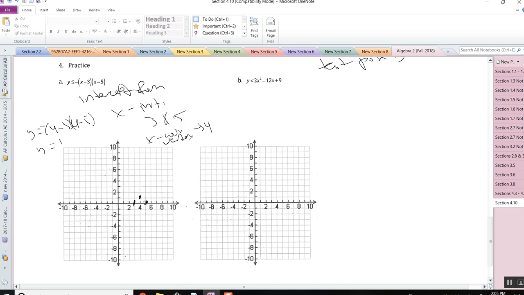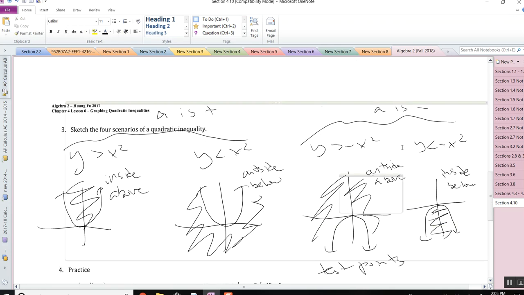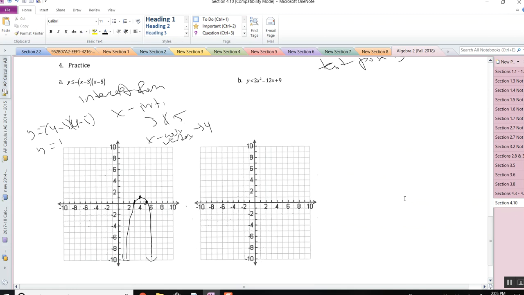So the parabola looks like this, and it's solid because there's an equal sign. And it's less than, so we're going to go below, or in this case, according to the scenario, your a is negative, and it's less than, so you're inside. And you could test a point like, say, 4, -1. And you will get positive 1, so that's a true statement.